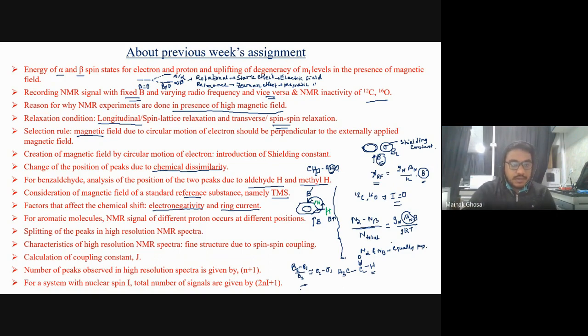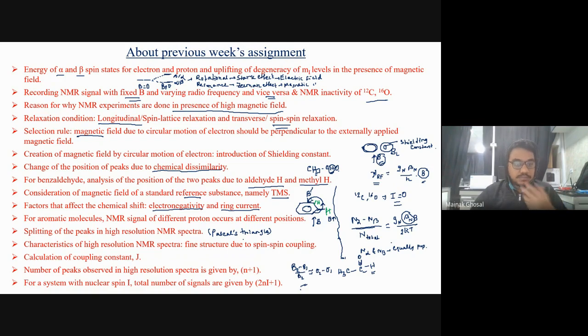Now, as I said, NMR signals of different protons occur at different positions for aromatic molecules. The splitting of the peaks in the high resolution NMR spectrum was also discussed in terms of Pascal's triangle: how many peaks there will be, and if there is a splitting, what the ratio of the intensities of the peaks should be, which you can get easily from Pascal's triangle.